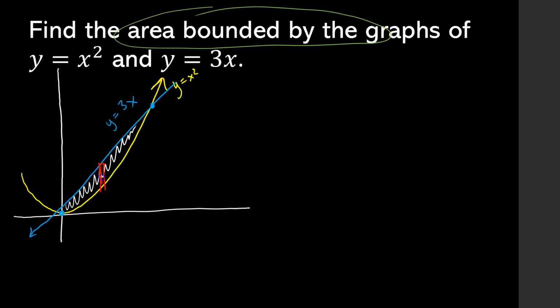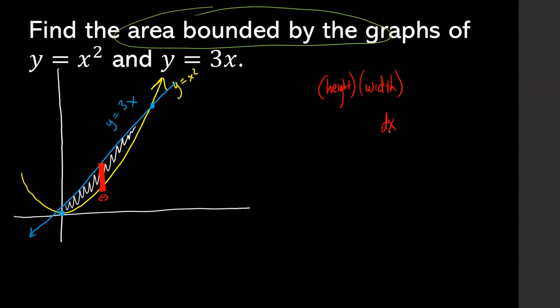Since integrals are really adding up the areas of lots of rectangles. Okay. And that's just going to be height times width. Turns out the width is the easy part. The width is a very, very tiny change in x. We're going to call that dx.